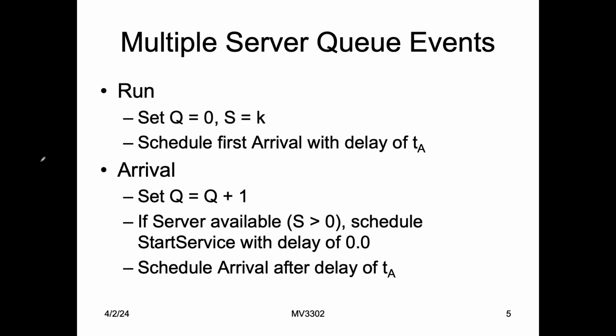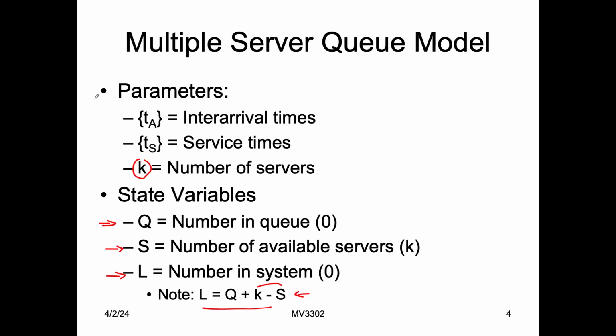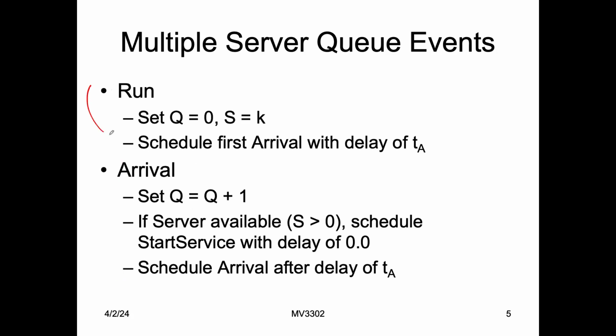Okay, so we always have a run event, and this is one of the nice things: when you're defining a model, this is where you start. In fact, you always start with defining your parameters and then your state variables. Once you can do that, then you can always define your run event, because your run event is responsible for initializing your state variables.